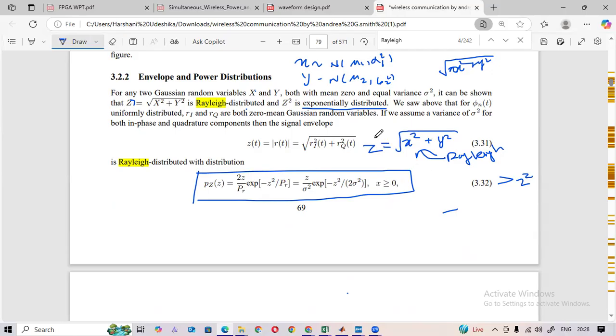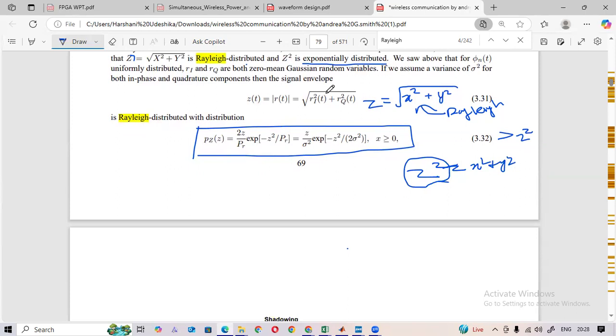And if you square this, so Z square, that is x square plus y square, so this will be an exponential distribution, okay. So if you get the square root, you will have this kind of PDF, okay. This is the PDF function, okay. And this is not exponential, okay, because Z is here. This Z is the variable.